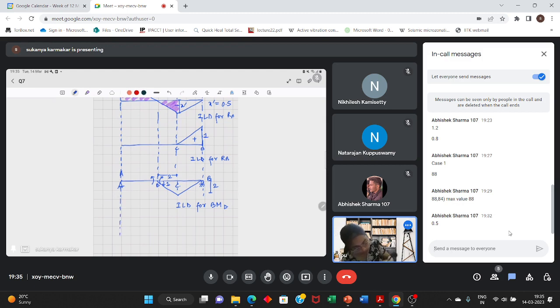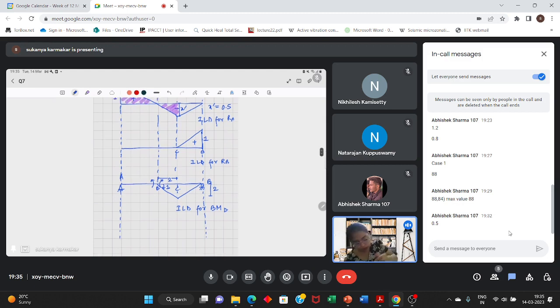C is an internal hinge. I have drawn in the beam only this. This point is D. This is an internal hinge.